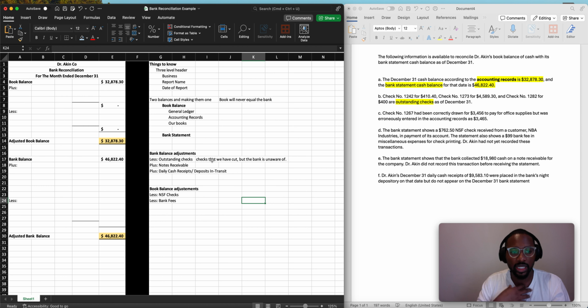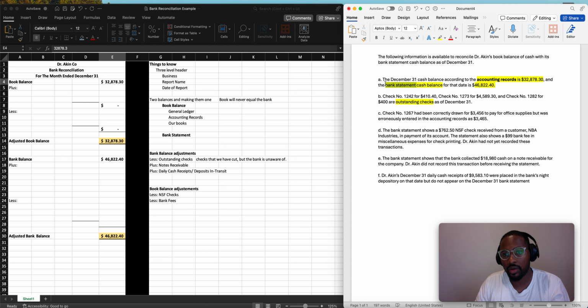I want you to think about that. If we knew we cut the checks, you would think that it's already included in our records, right? So this balance is already going to include the fact that we cut these checks. But what may not be included is in the bank statement balance.